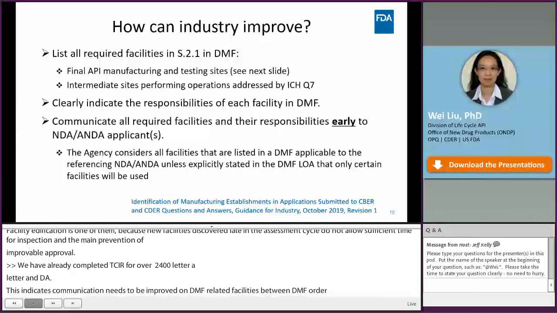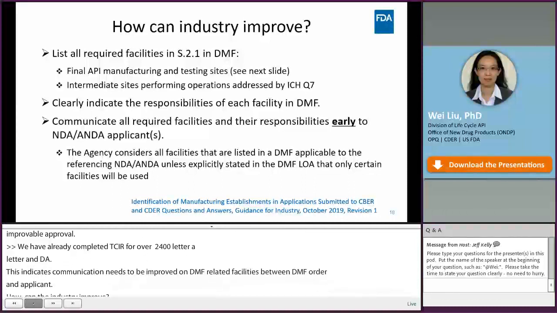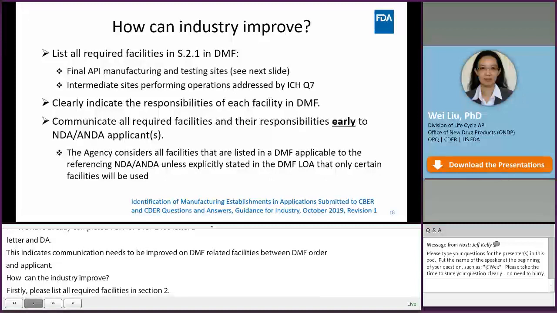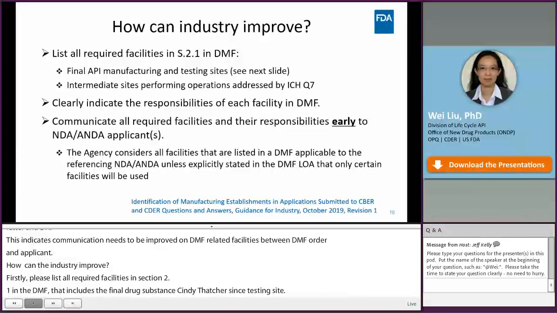Firstly, please list all required facilities in Section 2.1 in the DMF. That includes the final drug substance manufacturer and testing site. It also includes the intermediate site. Then, clearly indicate the responsibilities of each facility in the DMF.